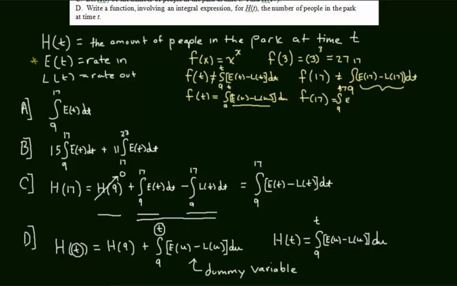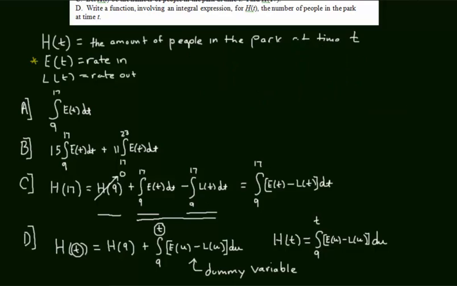But now that I have this bound at 17, I can write e of t minus L of t back to the original variable definition. And that hopefully explains why in our function of t, when t is in the bound, I need a dummy variable in the integrand.